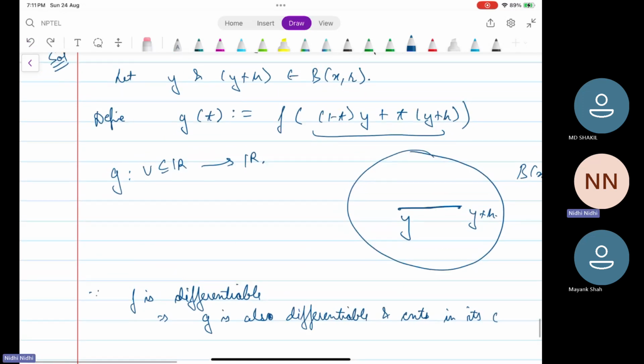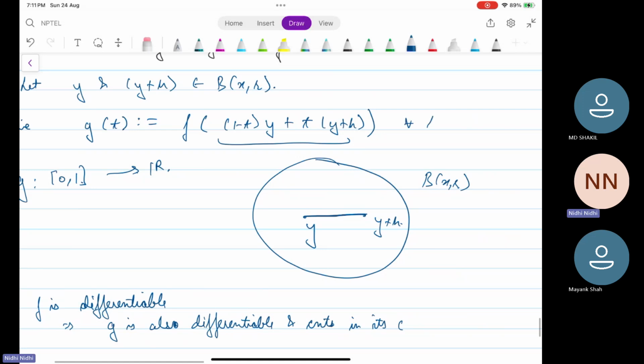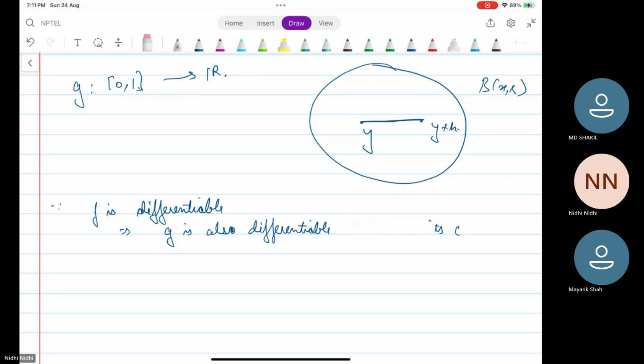So the domain of G is the closed interval 0 to 1, no? Because we want to make this a straight line for every t lying in the closed interval 0 to 1. So G is differentiable in the open interval 0 to 1 and continuous in the closed interval 0 to 1.